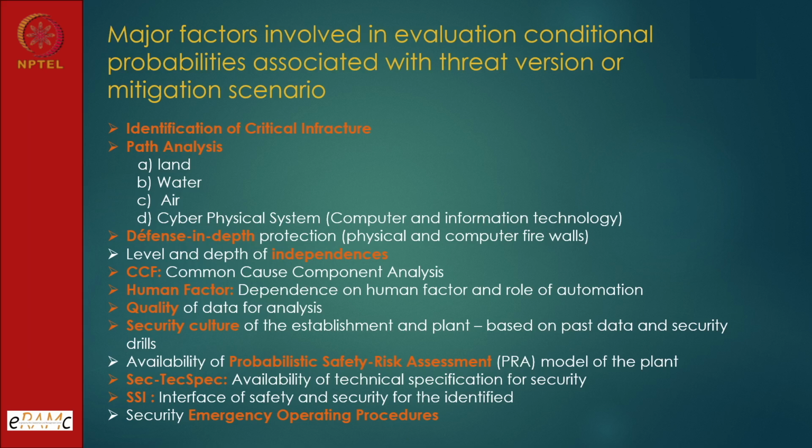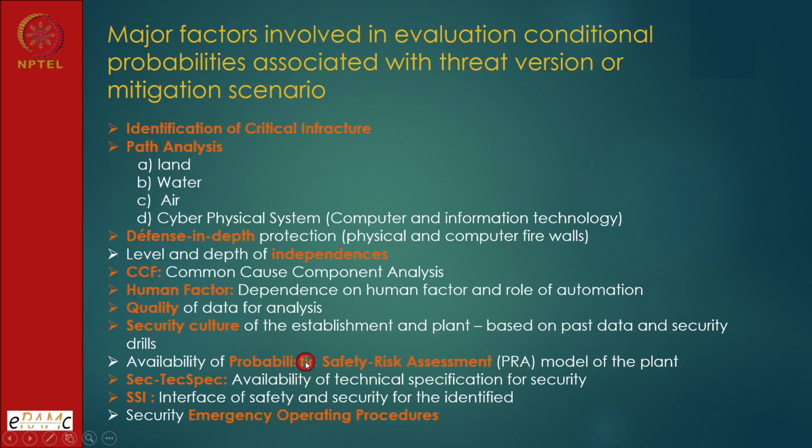Like I said, it becomes a lot easier if we have a probabilistic safety assessment model of the plant. If that model is available, the least we can do is see the overlap, and that there is no contradiction between safety and security provisions or any modification that we do. So availability of a probabilistic safety assessment model is desirable.